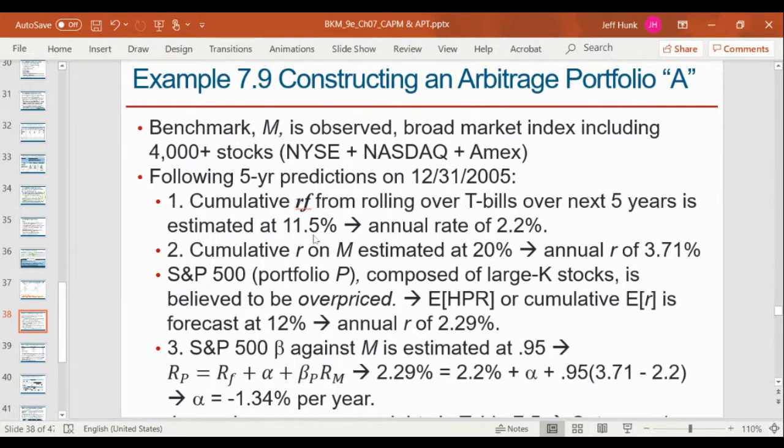Now, we're taking these forecasts from some data source like Morningstar or Value Line. So the cumulative risk-free return from rolling over T-bills over the next 5 years, so the cumulative return, right?